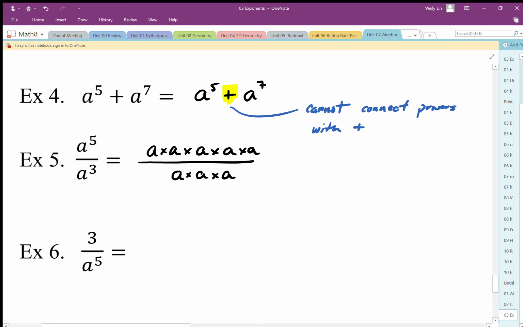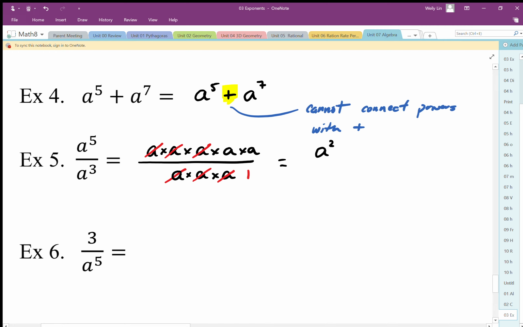Top is times, bottom is divide. Well, I know that a times a and a divide a will undo each other, and when I undo multiplication and division, I'm left with 1. So in the end, I end up with a squared.